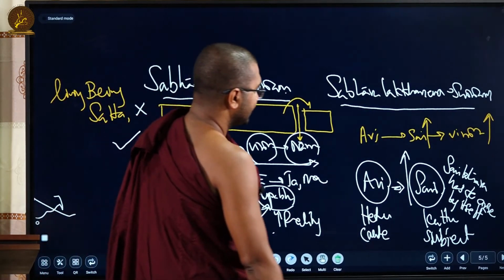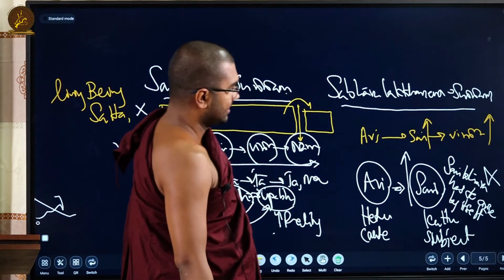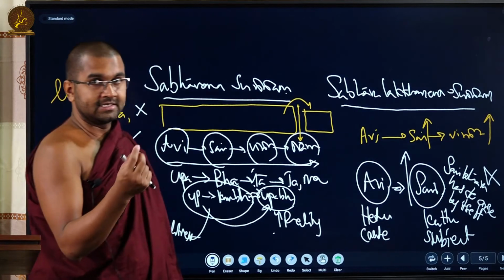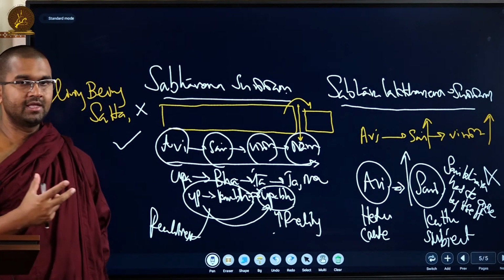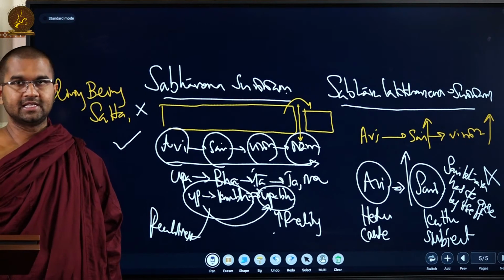So they said this cannot happen. This is not possible. Either avidya has to come out of sankhara, that's the one way, then it's not a new arising. If sankhara happens newly, it's arising by itself, such a thing cannot happen.